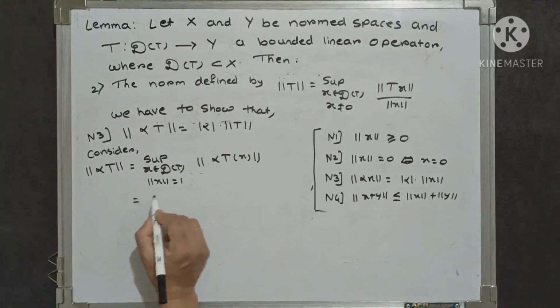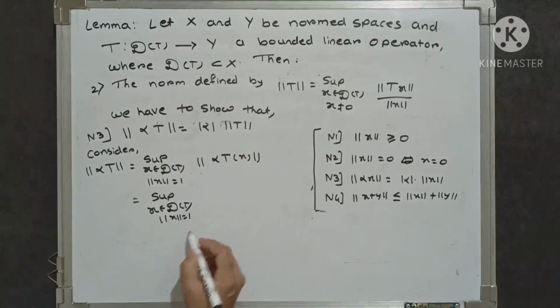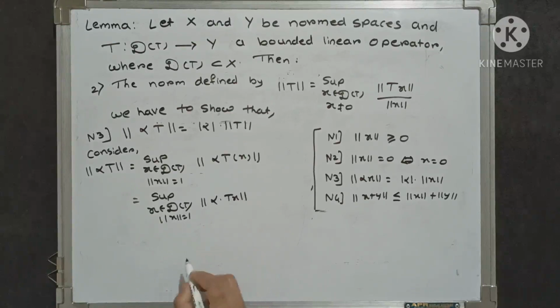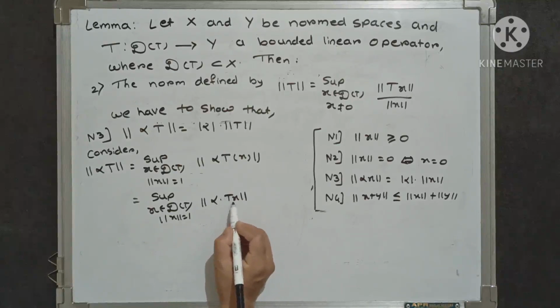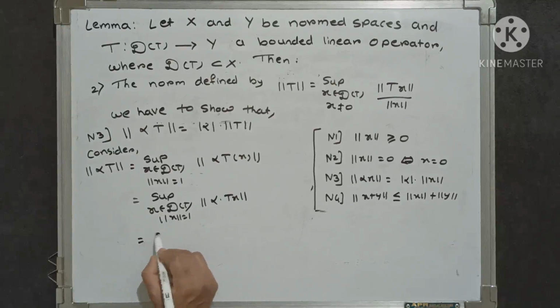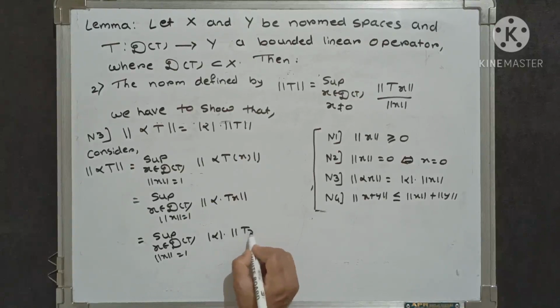Now this equals the supremum over x belongs to D(T), norm of x equals 1, norm of alpha into Tx. Now here alpha is a scalar, and Tx is an element of capital Y, and capital Y is a norm space, and therefore norm of alpha Tx is written as mod alpha into norm of Tx.